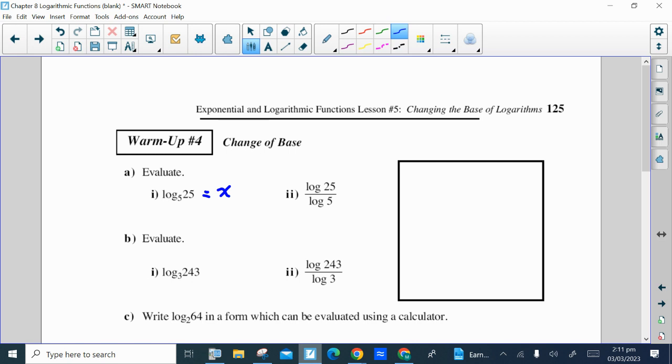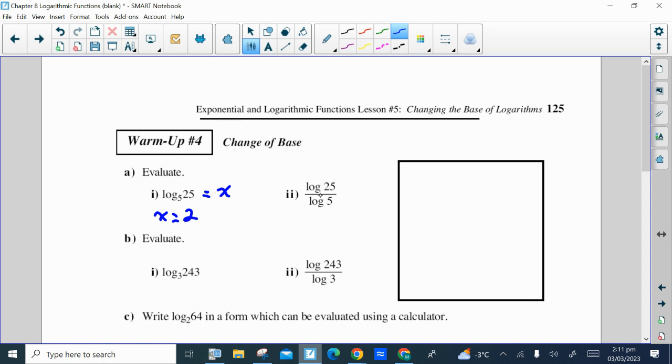It means 5 to what power is 25? And what's the answer? 2. If you write it in exponential format, it would be 5 to the power x equals 25. That's what it would look like. So x equals 2. The answer to that is 2.